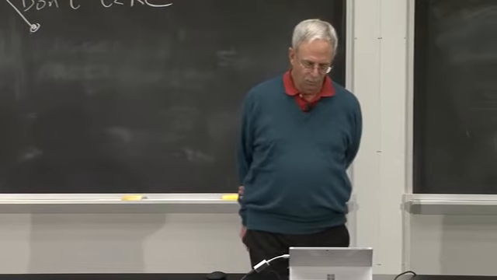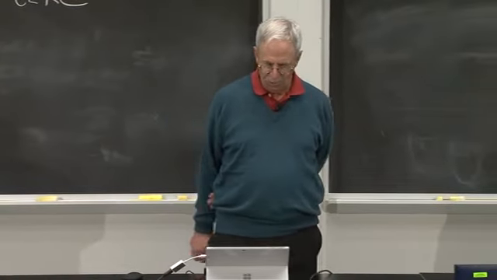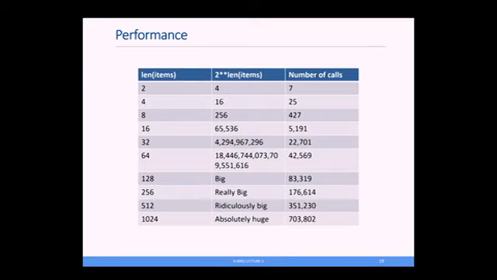But more interestingly, we can look at this table. This column is what we would get with the original recursive implementation, where we didn't use a memo, and it was therefore 2 to the length of items. And as you can see, it gets really big, or as we say at the end, huge.